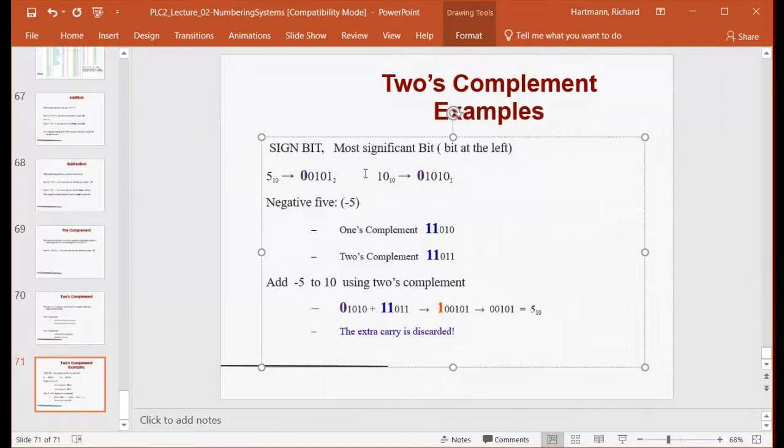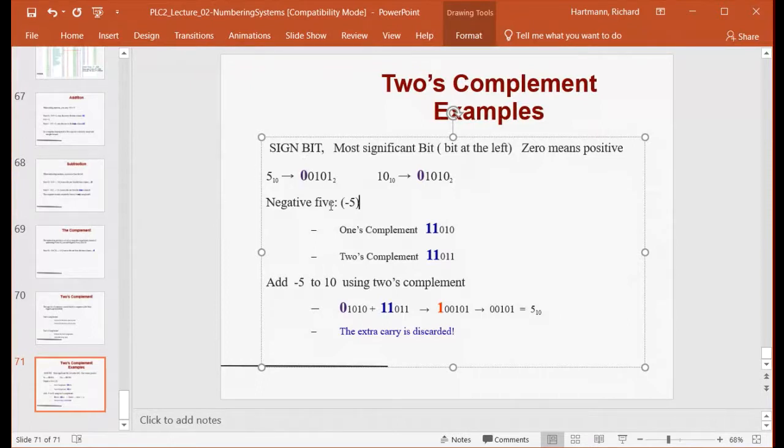But these are positive numbers. This is positive 10. This is positive 5. A 0 for the sign bit, 0 means positive. And so this is positive 10 because it's got a 0 for the sign bit.